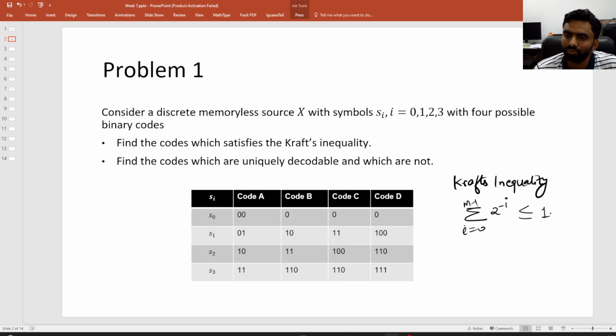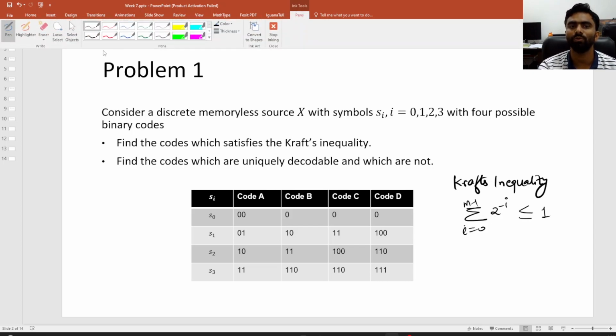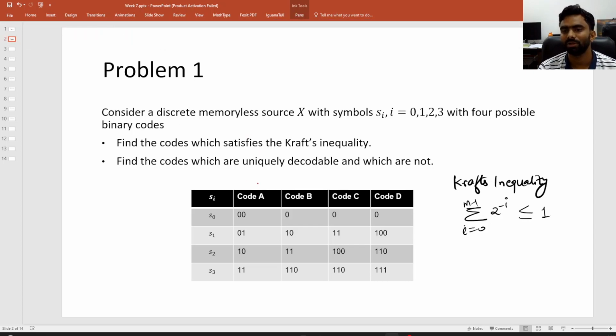So you have to find which of the given codes, code A, code B, code C, and code D, follows this Kraft inequality. Here n is 4, four symbols, four binary codes, so for all codes m is 4.